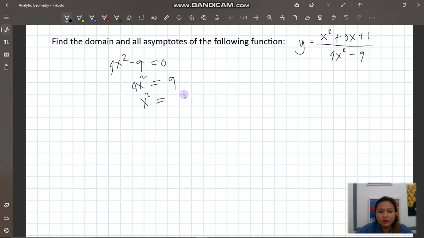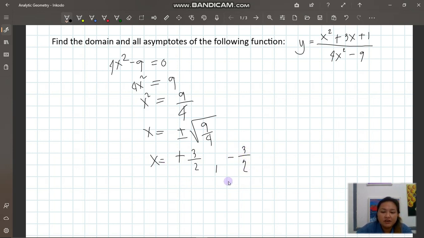X squared is equal to 9 over 4, and then x is equal to plus or minus the square root of 9 over 4, that is 3 halves. So that's positive 3 over 2 and negative 3 over 2.